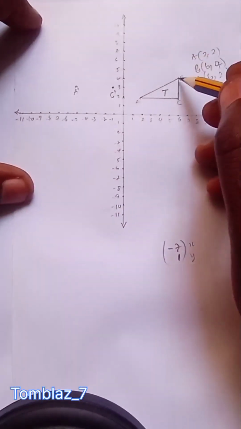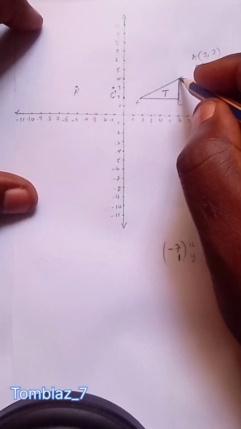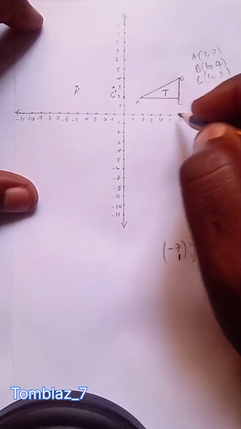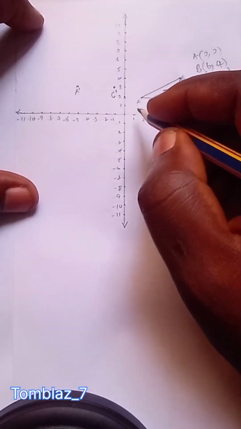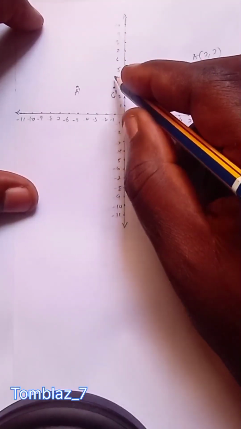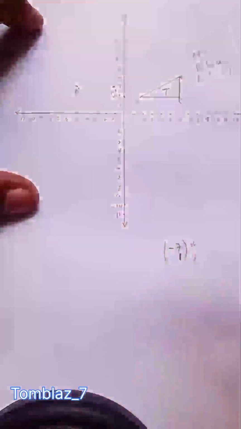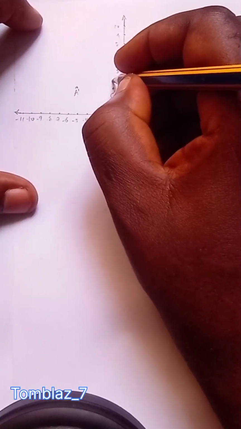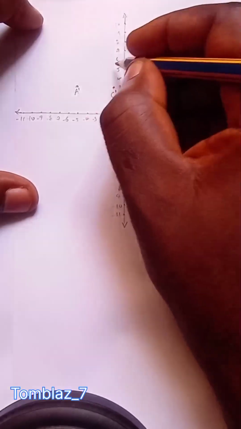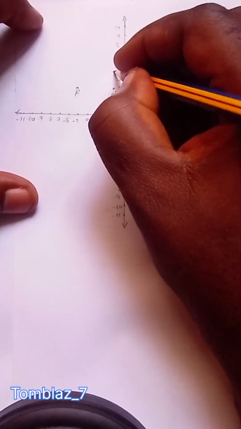Now let's do the same for B. B is also starting from here, so it will move 1, 2, 3, 4, 5, 6, 7. Let's match it to the point, which is 4 here. This is where it stopped, but plus 1 up will be this destination, so it will go to 5.